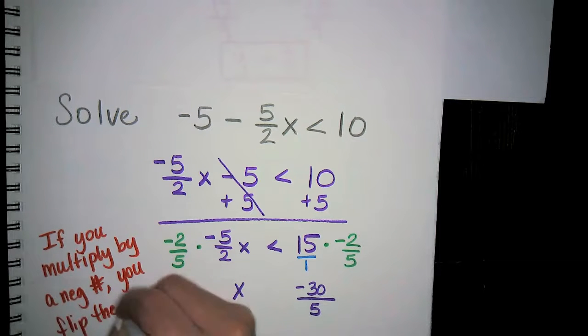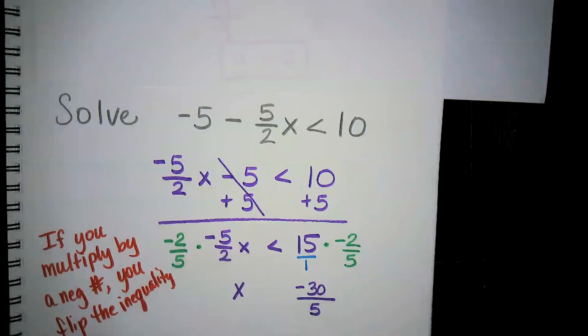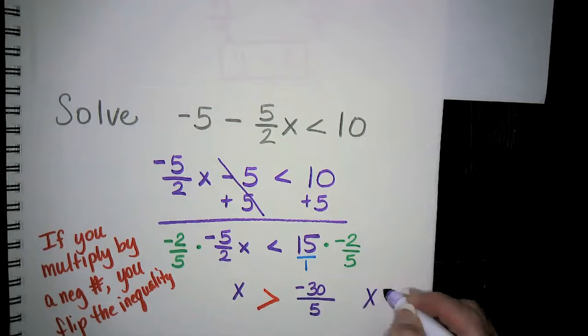That's why I left this one blank for a little bit, because I wanted us to talk about it. So instead of this being a less than, I have to flip it around to make it a greater than. So now my final answer is going to be x is greater than negative 6.